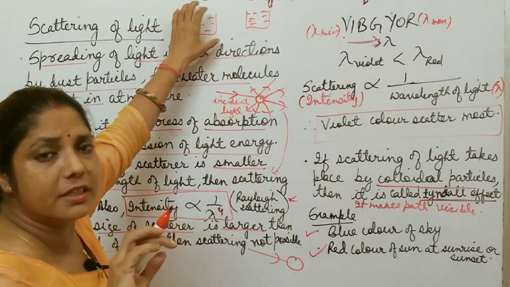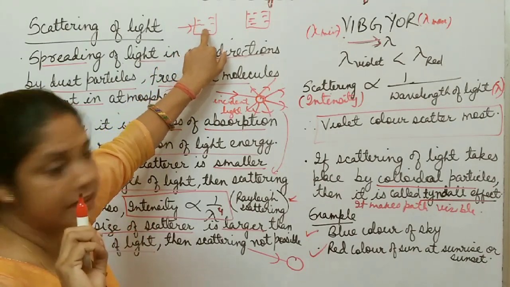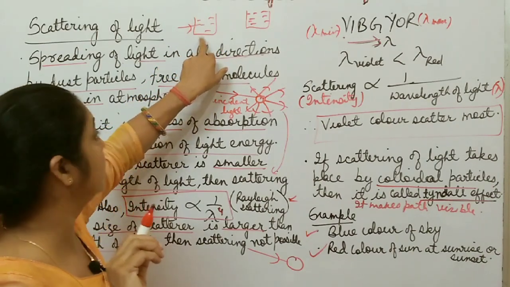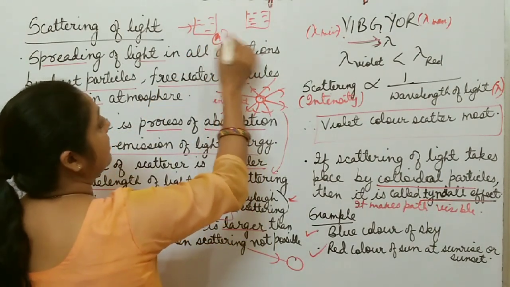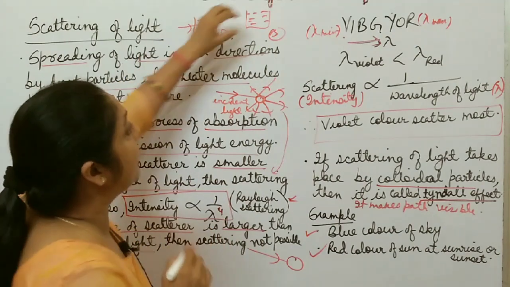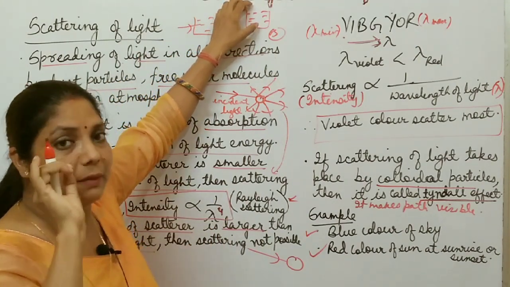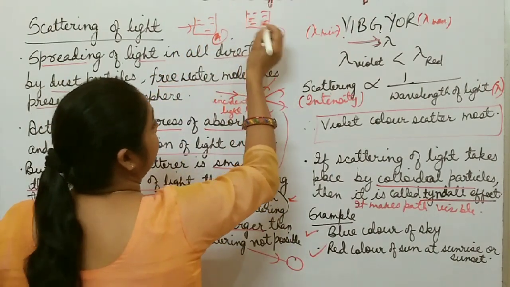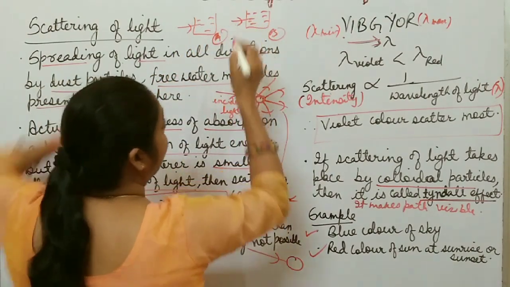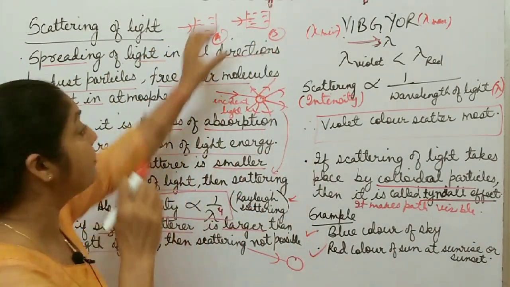It means no scattering is possible in this case because there are no dust particles present in the water in beaker A. And suppose this one is beaker B. Here particles are present, that is milk. It is colloidal particles. And if a light ray passes through this beaker, you are able to see the path of the light.